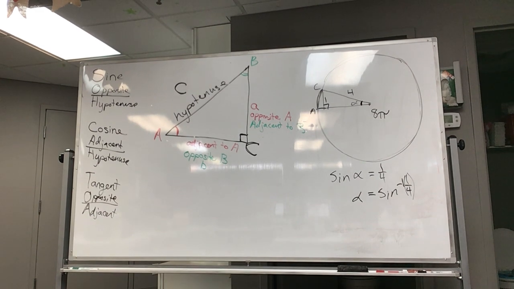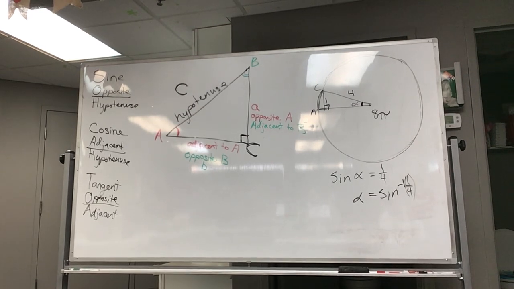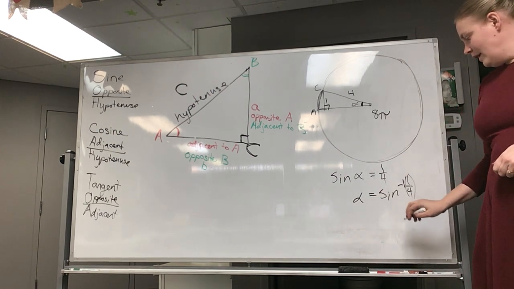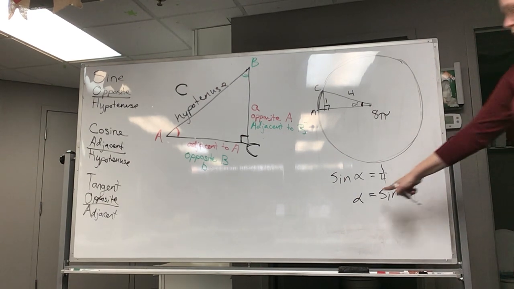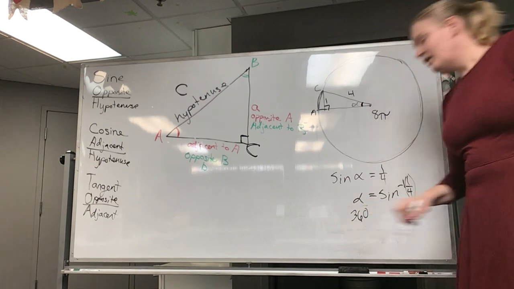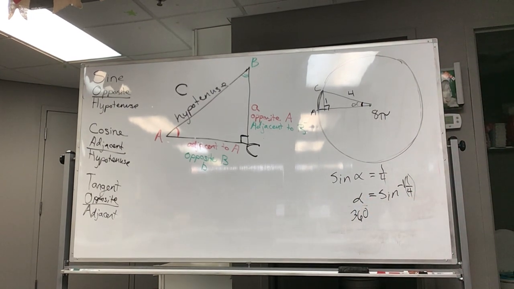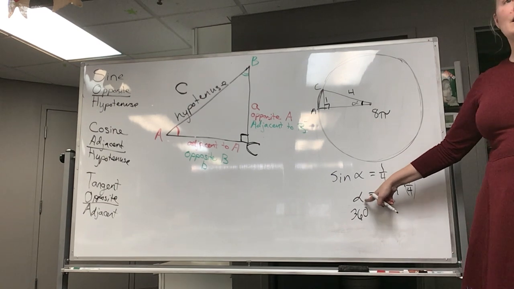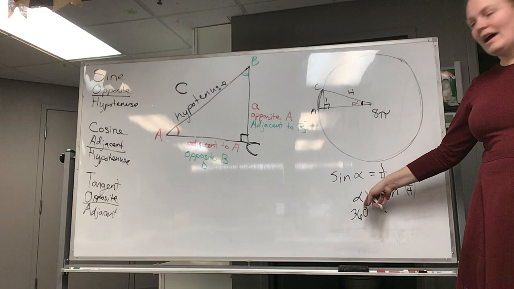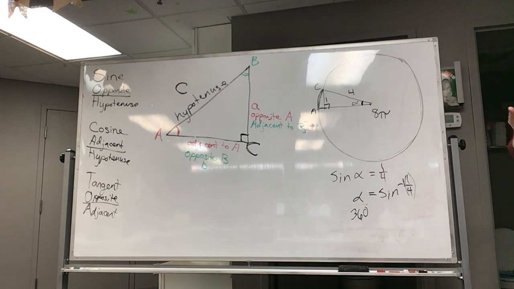How many degrees are in a circle? 360. And so if we take these degrees, whatever this angle is, we don't know, but we're going to put this angle over 360. That's what fraction of the circle we have. If this were 180, we would have half of the circle. If it were 90, we would have 1/4 of the circle.